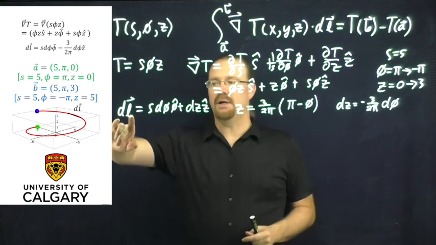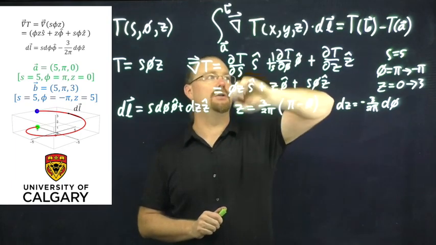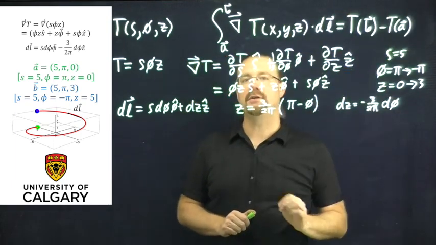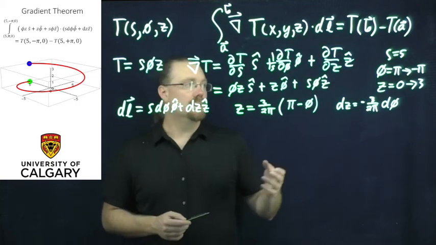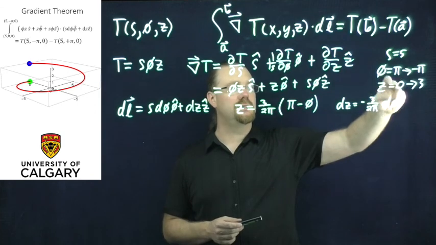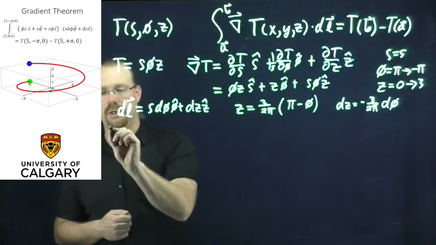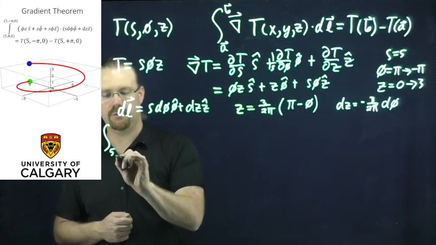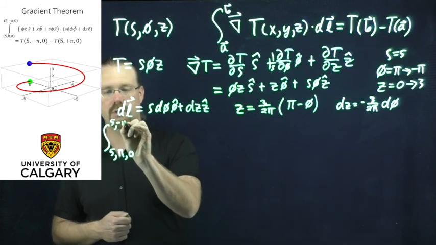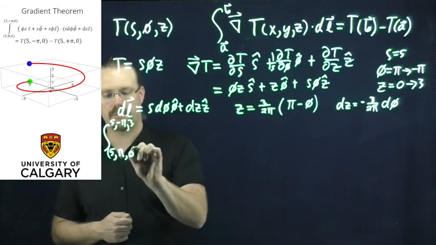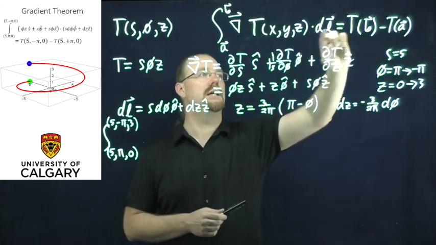Now we're ready to combine our dl with our gradient of T into our equation in order to show that the fundamental theorem of gradients is true. We're integrating from (5, pi, 0) to (5, negative pi, 3), and we are integrating the gradient of T dotted with dl.